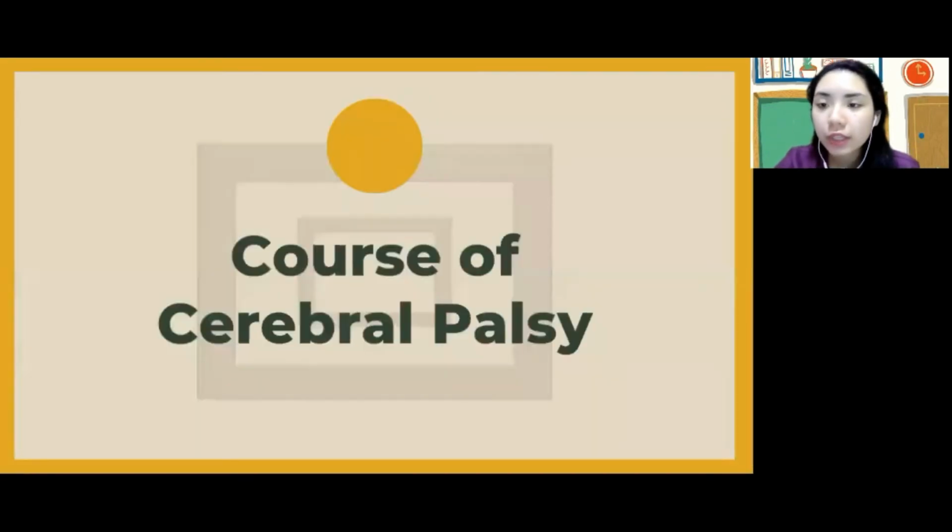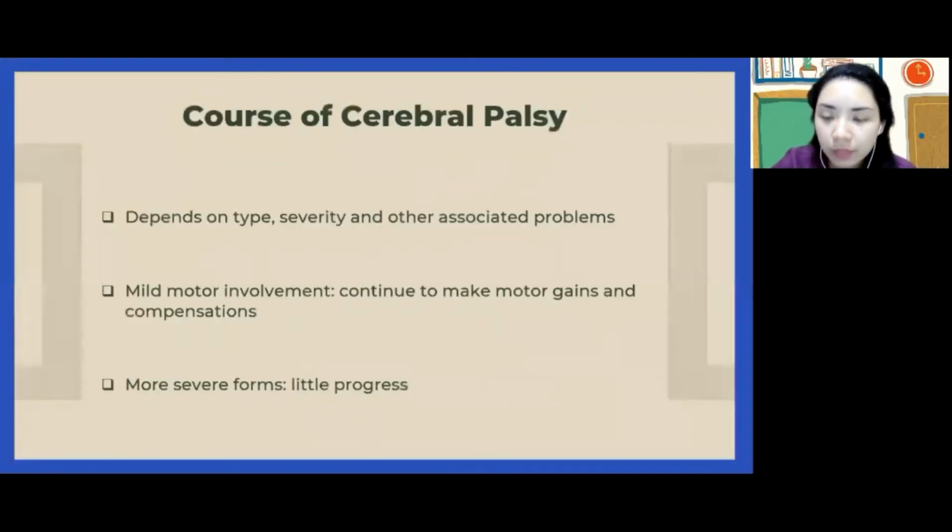Now we're going to continue to the next part of the discussion, which is the course of CP or cerebral palsy. Okay, so here, the course of CP depends on the type, severity, and other associated problems. So those with mild motor involvement, they may continue to make motor gains and compensations, no, sa ilahang difficulties with movement.